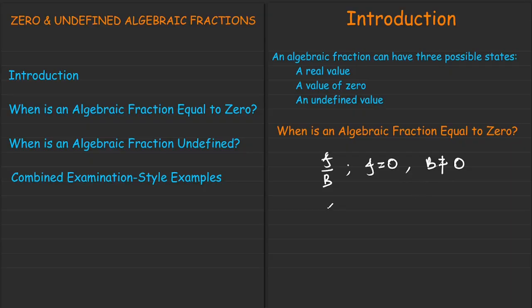So substituting, we say 0 over b, and we know 0 over any number is equal to 0. Most importantly, the denominator should not be equal to 0. If the denominator is equal to 0, then we are talking about a different thing. Let's look at some examples under this.